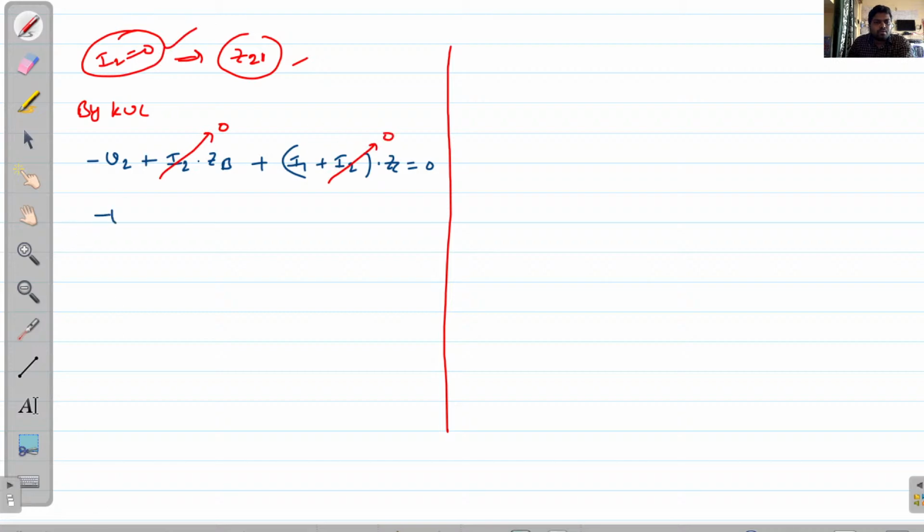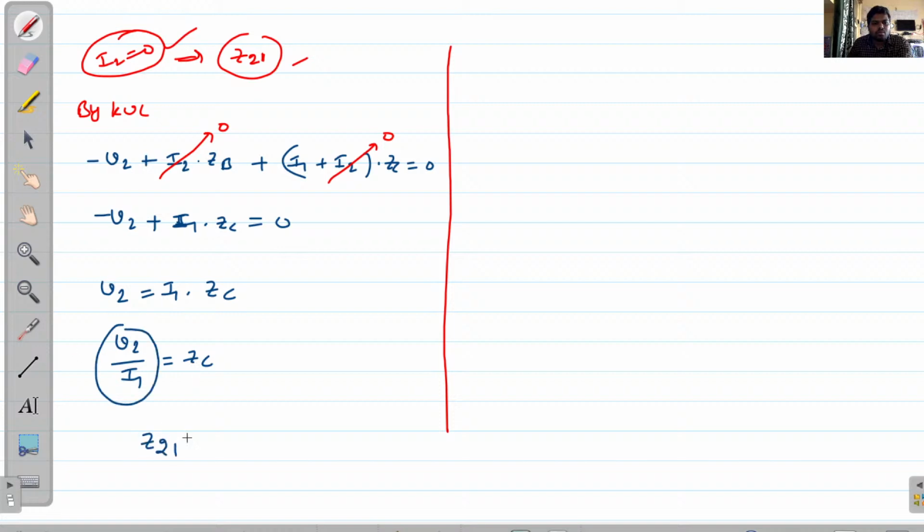Minus V2 plus I1 into ZC equals 0. Now V2 equals I1 into ZC. Now V2 by I1 equals ZC. But V2 by I1 equals what? Z21. This is output and this one is input.